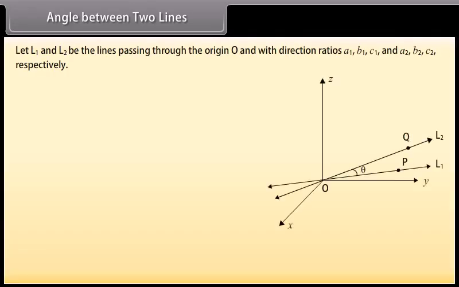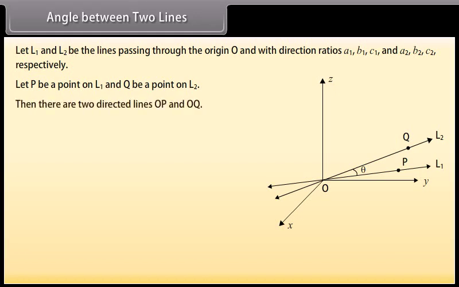Angle between two lines. Let L1 and L2 be the lines passing through the origin O with direction ratios a1, b1, c1 and a2, b2, c2 respectively. Let P be a point on L1 and Q be a point on L2. Then there are two directed lines, OP and OQ.